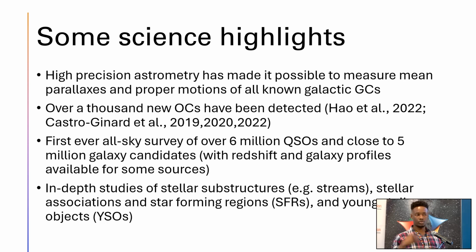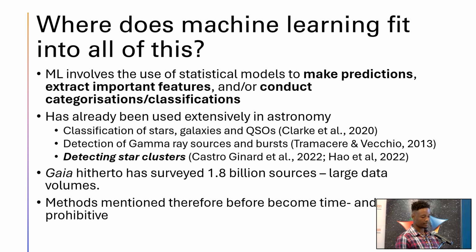Number one, the use of HR diagrams as described before, and number two, specifically the use of clustering machine learning algorithms, much like DBScan, as the previous author described. And then a few other things like studying YSOs, which are young stellar objects, star-forming regions, as well as stellar substructures.